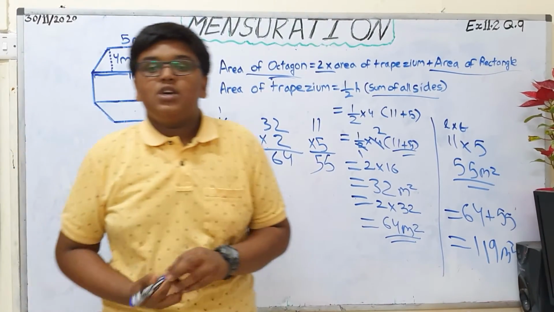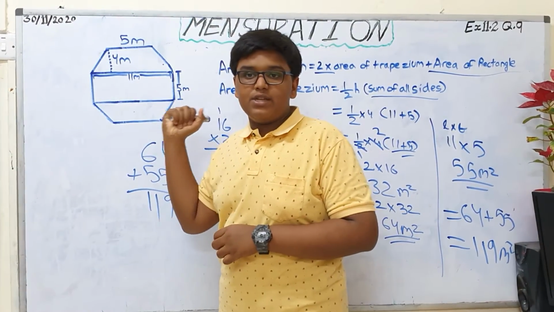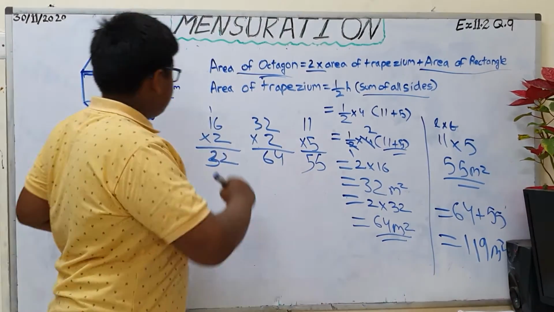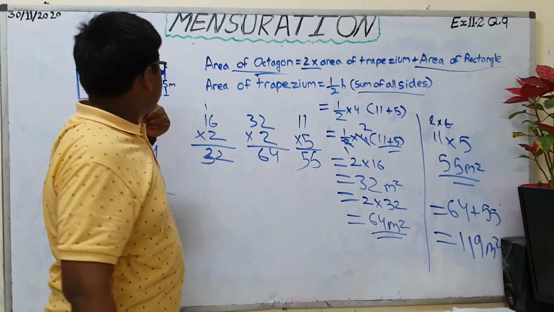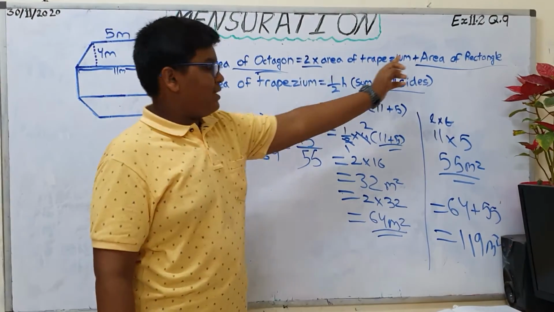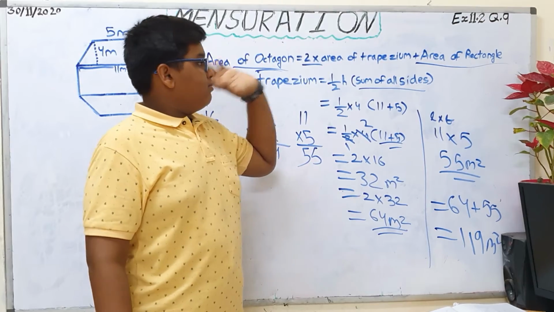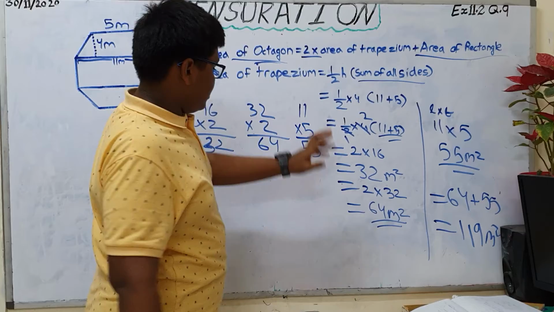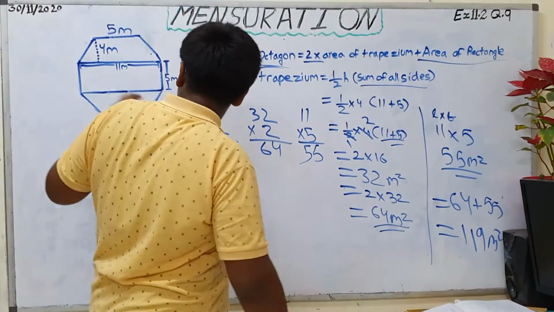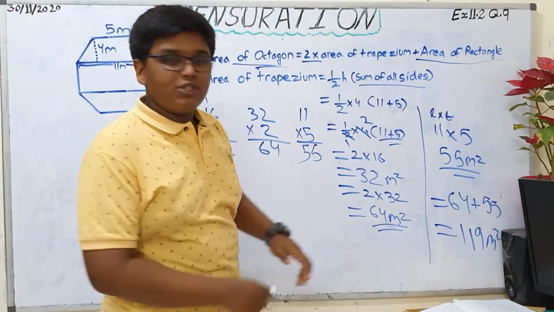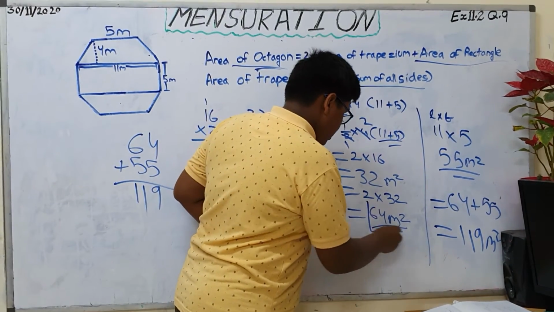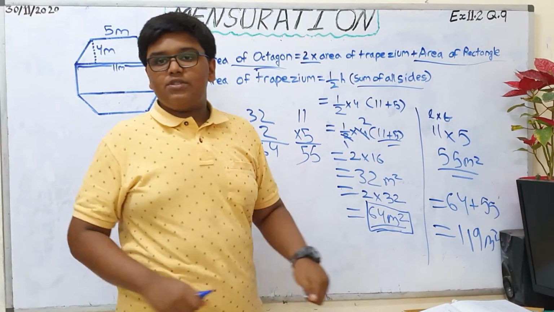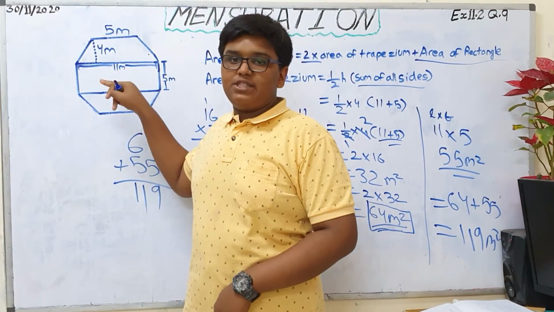Now what we did was, first we divided this octagon into 2 trapeziums and 1 rectangle. Then we took the area of the trapezium. For finding the whole area, we needed to find the measure of both. So we found the area of these 2 trapeziums, which is equal to 64 meters square. Then for finding the area of the rectangle, we took this shape.